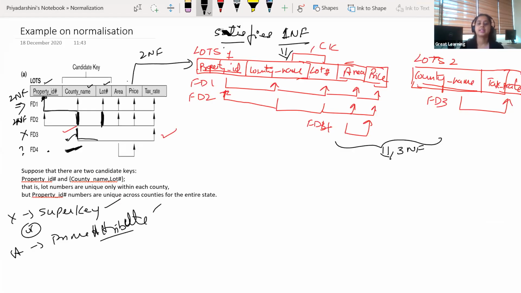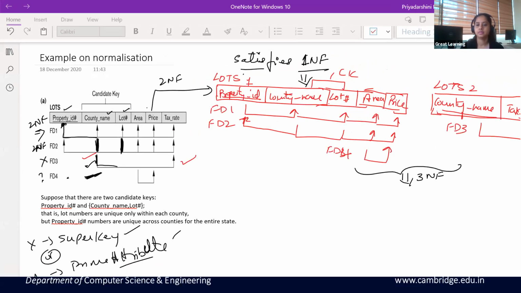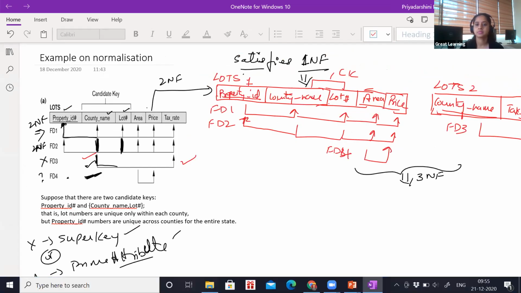Is there any FD that is violating 3NF? Okay.